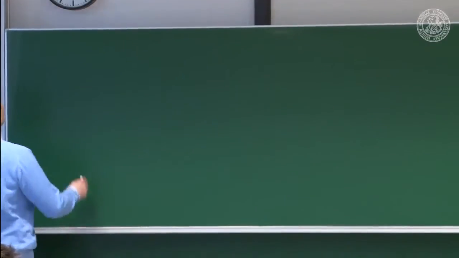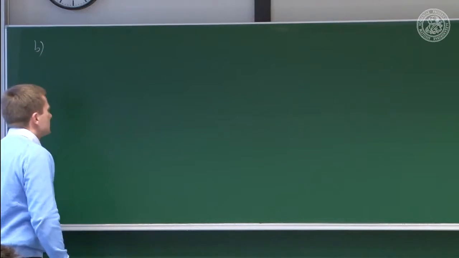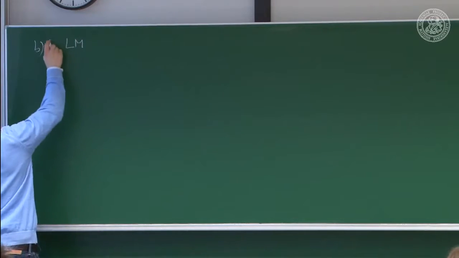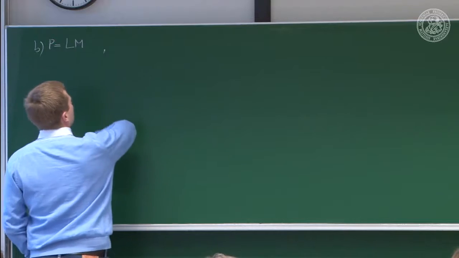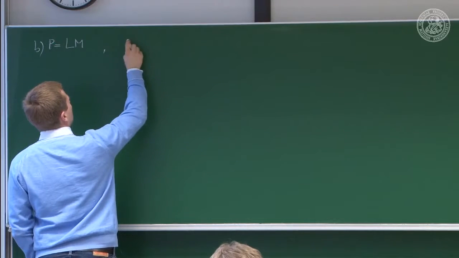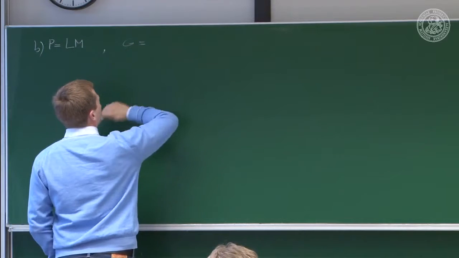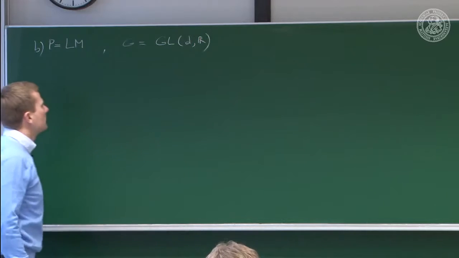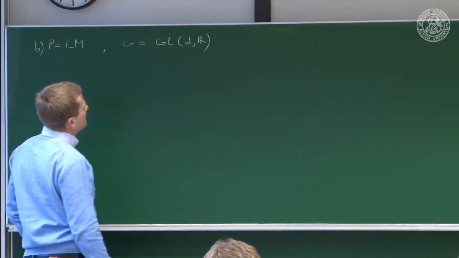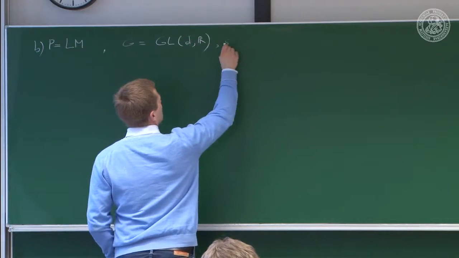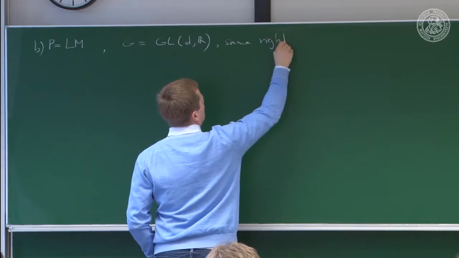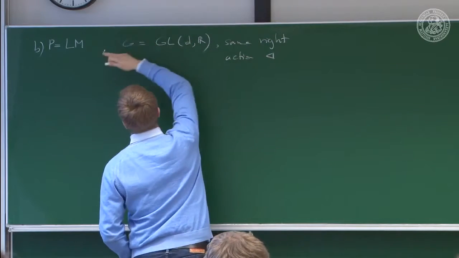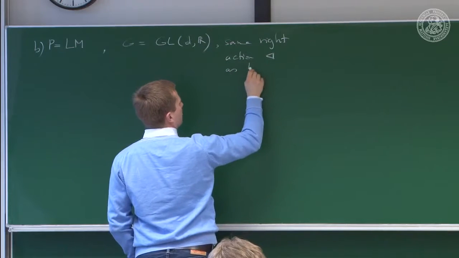So the second example I'd like to look at is a straightforward extension of this. We again consider the frame bundle of some smooth manifold M as the principal bundle. We again take the group of this principal bundle as GL(d,R), and we still have the same right action of this GL on the LM as before.